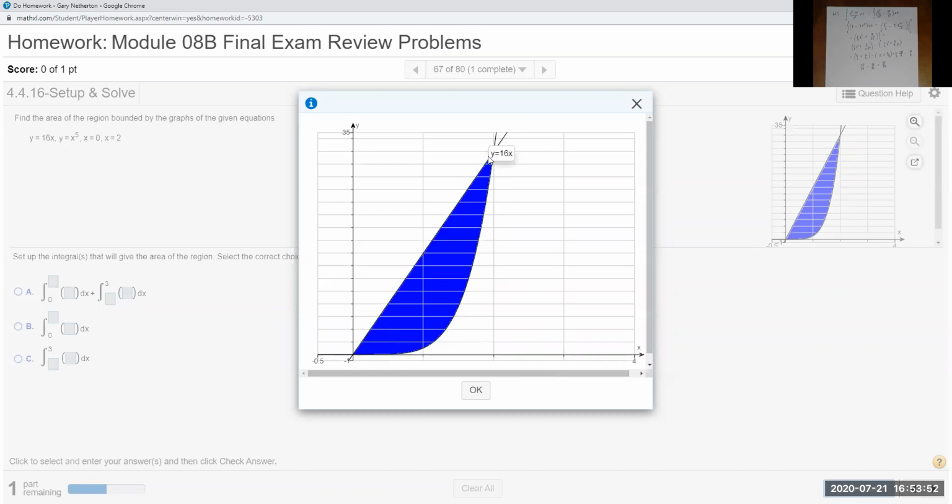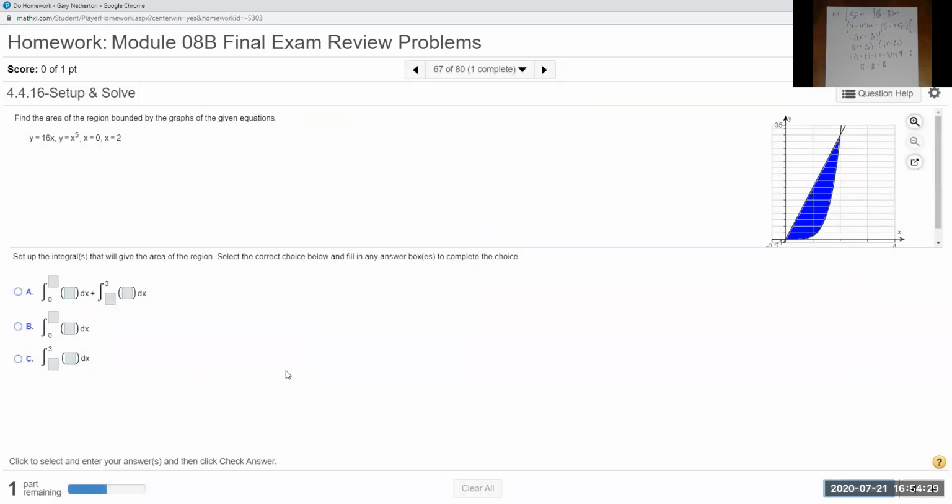So in a sense, what you're doing is taking this top function minus this bottom function, and then integrating from 0 to 2. They tell you the top function is 16x, this bottom function is x to the 5th, and we're going from 0 to 2. So here they want you to go step by step.